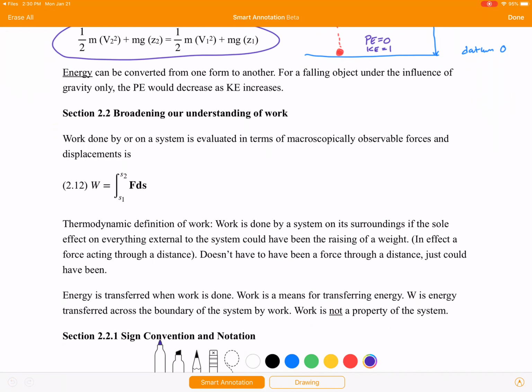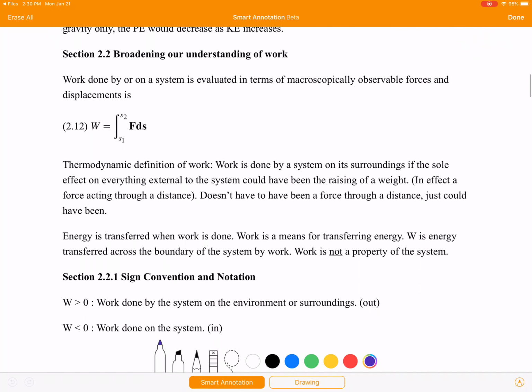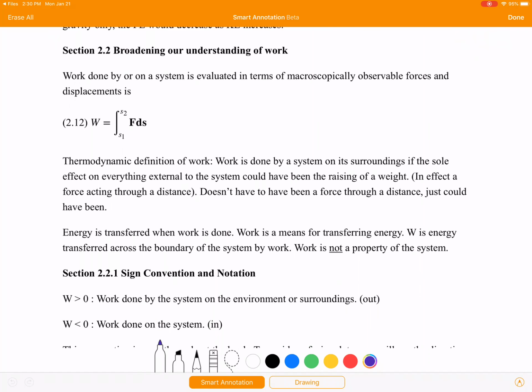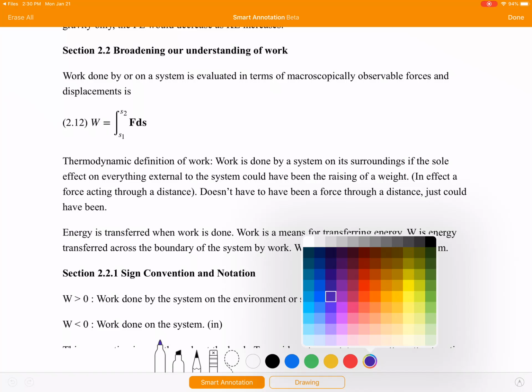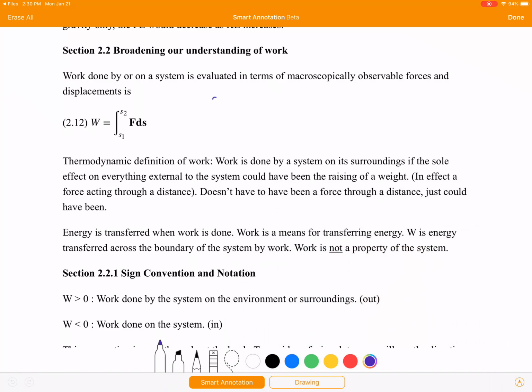So let's broaden our understanding of work. That's what section 2.2 does. Work done by or on a system is evaluated in terms of macroscopically observed forces and displacements. And that work equals the integral from S1 to S2 of F ds, where S is displacement.